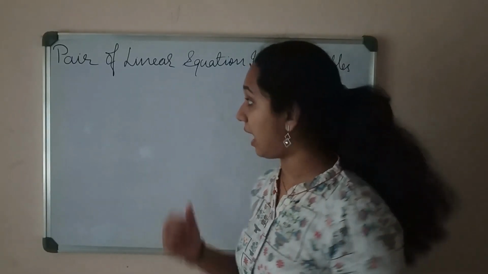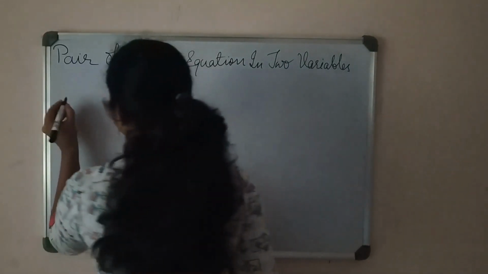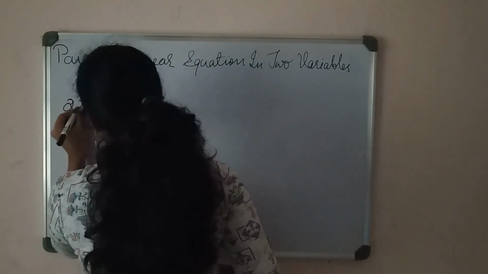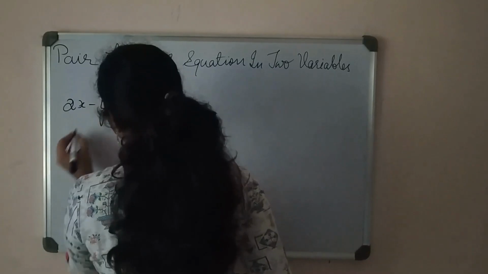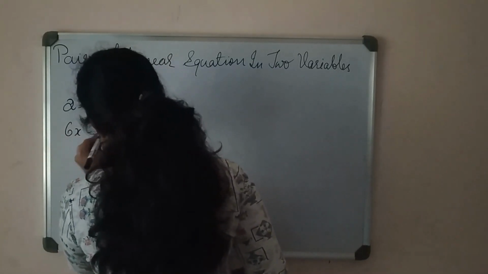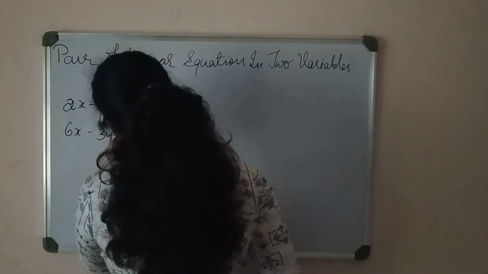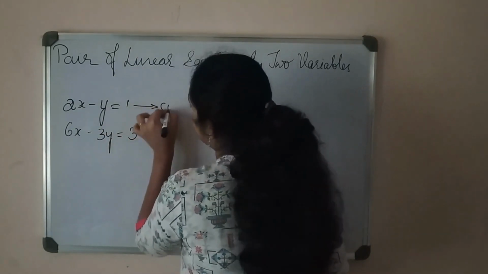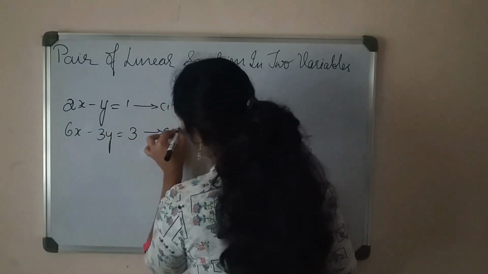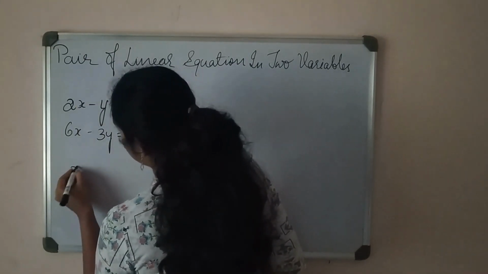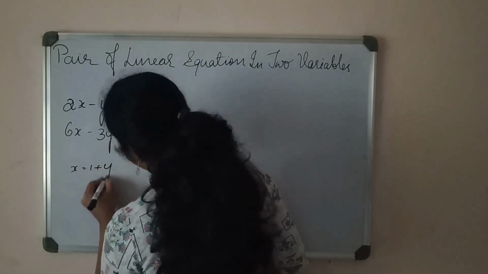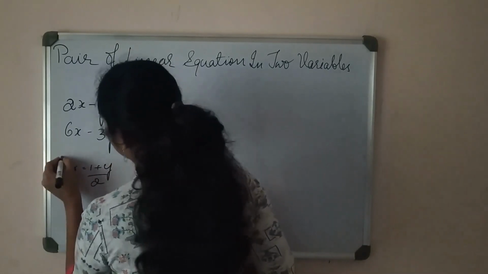Now let's consider another pair of linear equations. So 2x minus y is equal to 1. 6x minus 3y is equal to 3. So I'll assume this as equation 1 and I'll assume this as equation 2. Okay. So from the above equation, x is equal to (1 plus y) by 2. Okay.